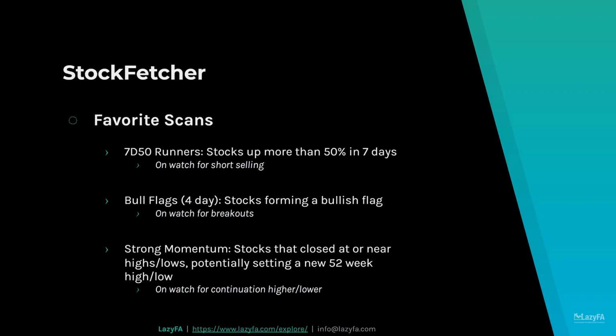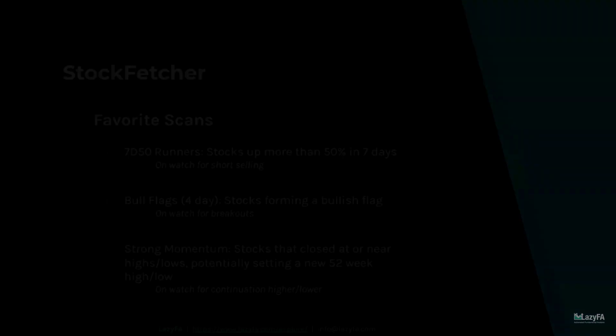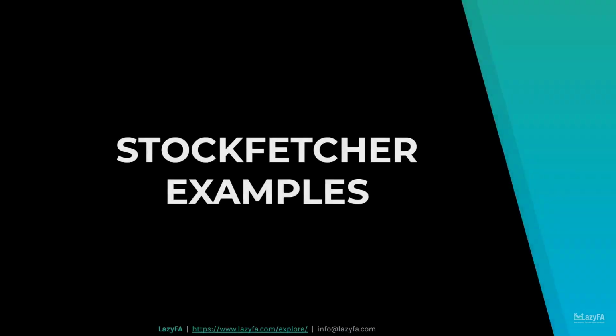That scan is looking for stocks that closed at or near their highs and potentially set a new 52-week high, or closed at or near their lows and potentially set a new 52-week low. Those are typically on watch for continuation, either higher or lower, depending on whether the stock is going up or down. So let's look at some examples of that.